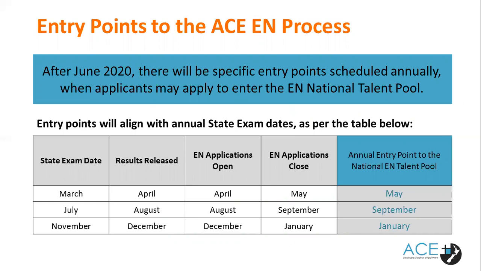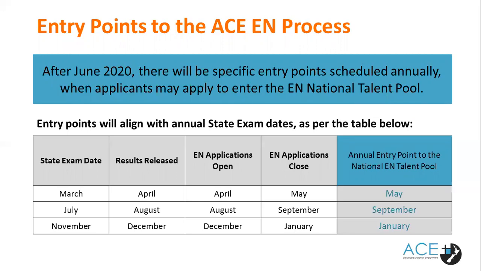And so yes, the first intake will be this June, but then afterwards there will be specific entry points scheduled annually when applicants may apply to enter the EN National Talent Pool. These entry points will align with the annual state exam dates according to the table below.